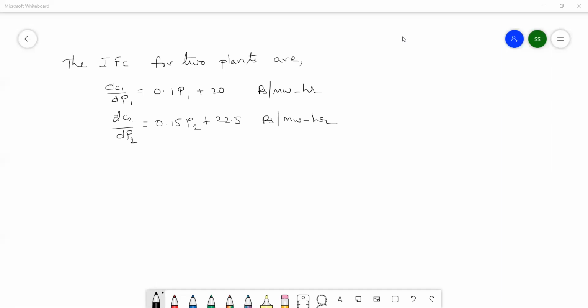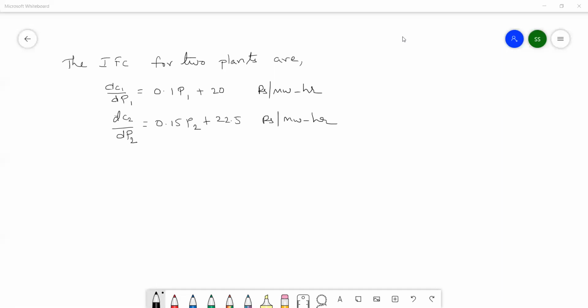This is your penalty factor for plant 2. Then for plant 1, you need to calculate L1. How should you calculate L1? We know the condition of optimal operation: L1 dC1 by dP1 is equal to L2 dC2 by dP2.